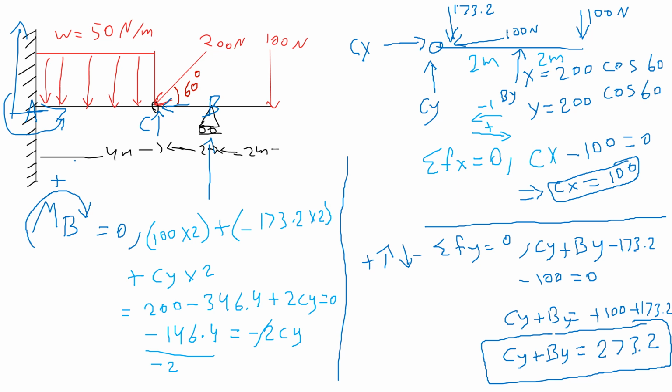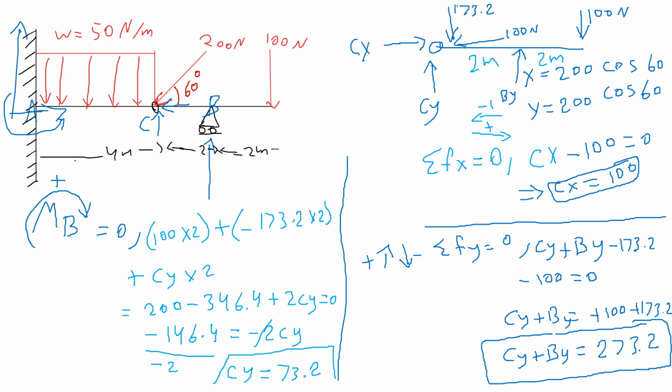It's gonna give us 73.2. So here we calculated Cy is equal to 73.2.